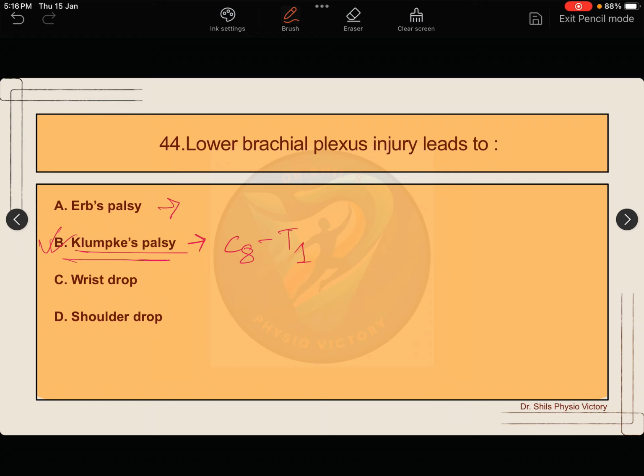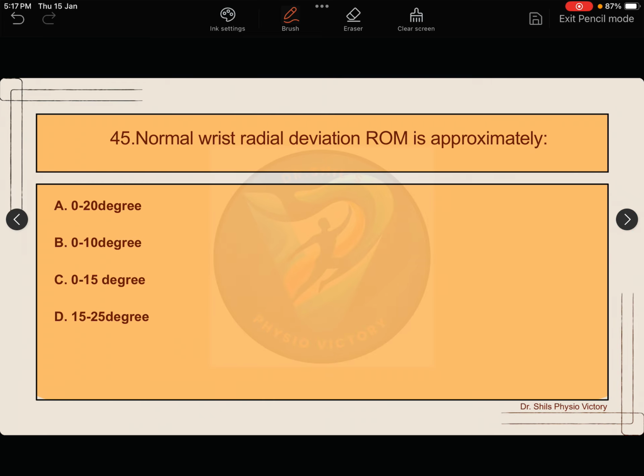And Erb's palsy is upper brachial plexus injury, which involves C5 to C6, and wrist drop is radial nerve involvement.